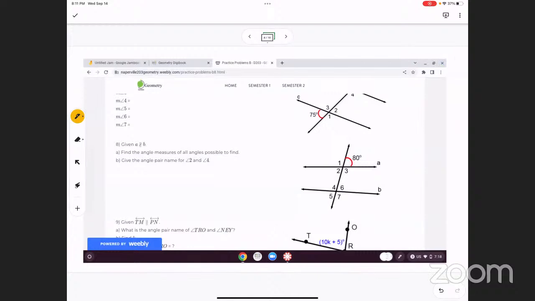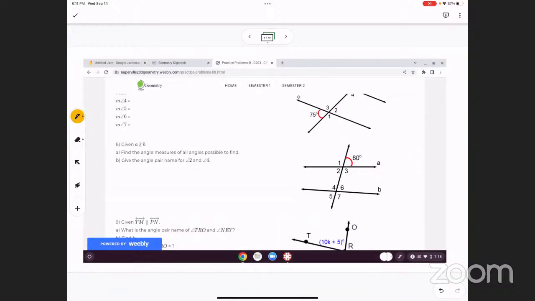So let's see. Number 8 now. You tell me what number 8 has to be based on what I just told you. Okay. Find the angle measure. Well, I know number 2 is also... wait, no. 6 is also 80.